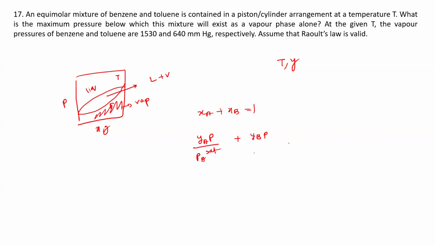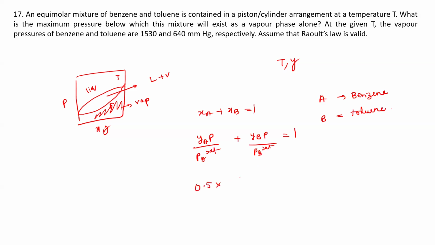T and Y are known here. PA sat and PB sat are given for benzene and toluene, assuming A is benzene and B is toluene. Both are 0.5, so 0.5 times pressure.